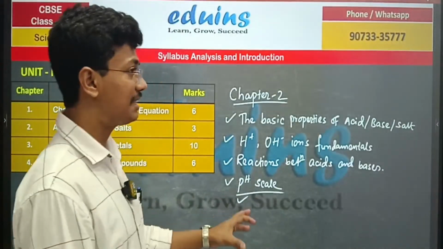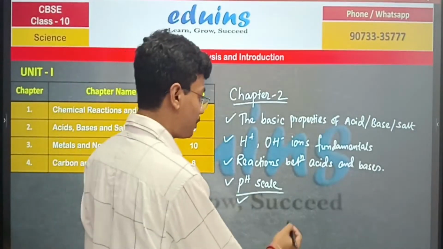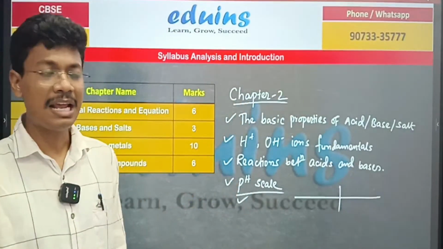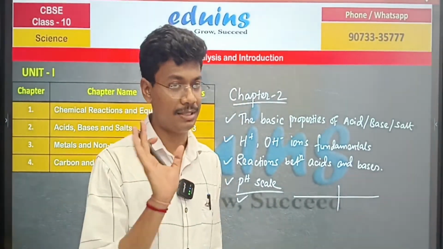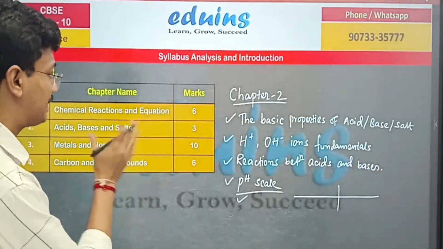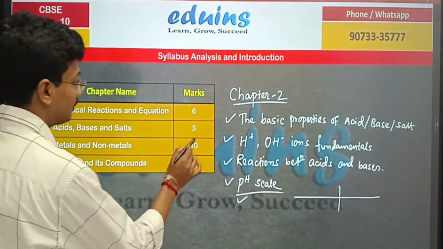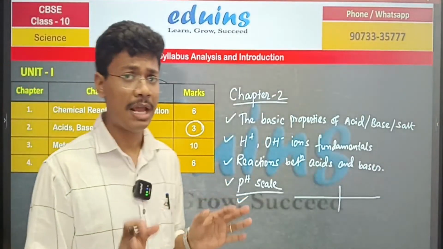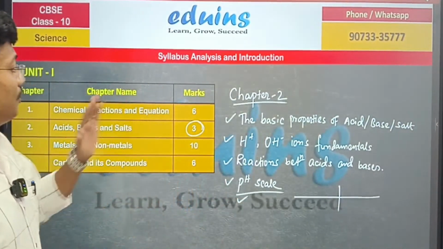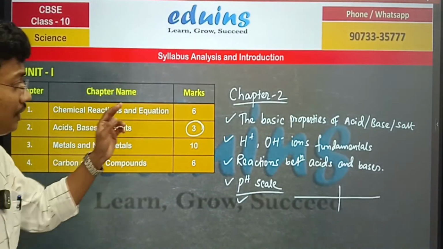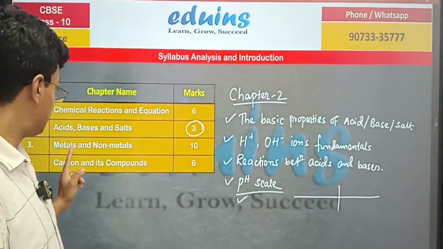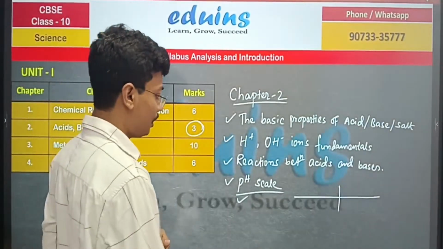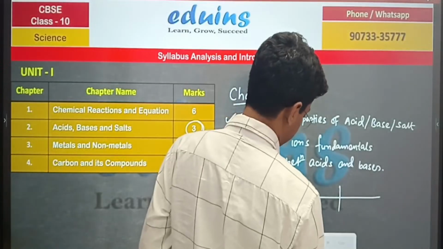So in the pH scale we will study what is the range of the pH scale, which range is for the acid and which range for the base. Clear? So in chapter 2 you will get the 3 marks in your board exam. So from the first chapter you will get the 6 marks, and from the second chapter you will get the 3 marks.